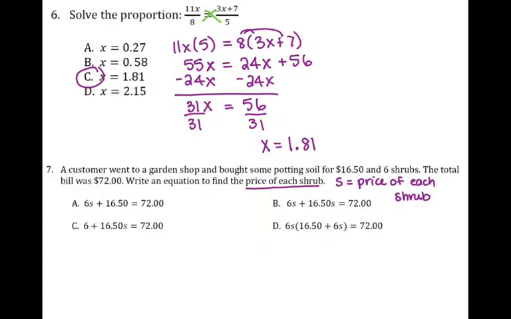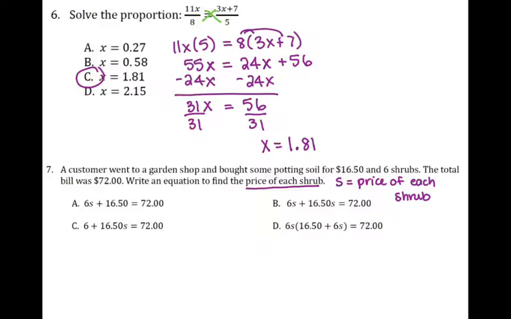Since S represents the price of each shrub, that means the 6 times the S will tell me how much I spent on all the shrubs. So I have my $16.50 plus 6 times S equals $72.